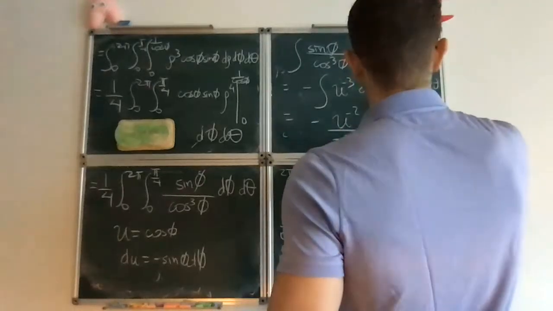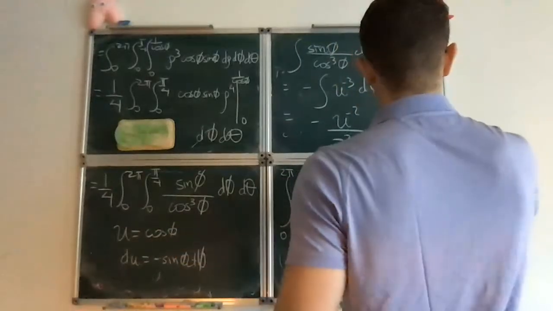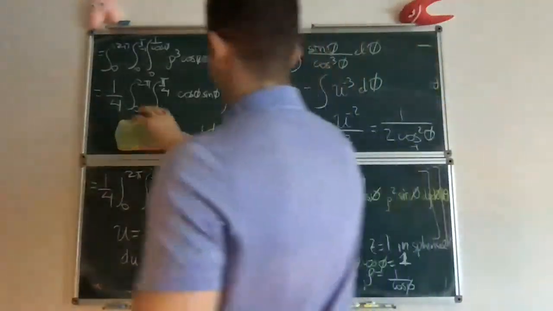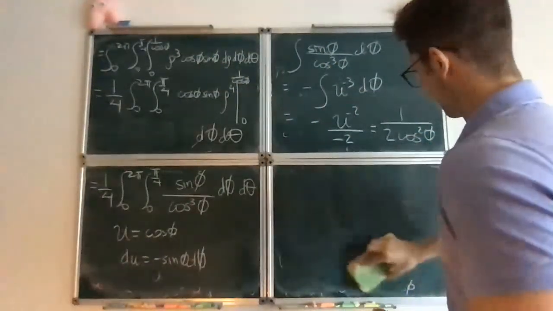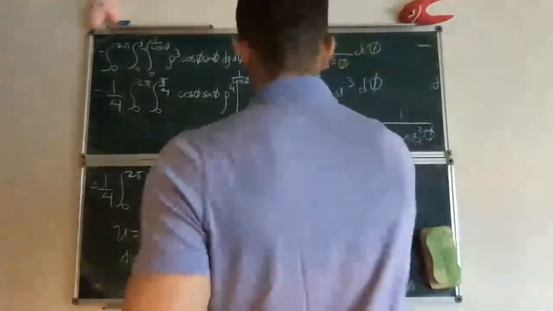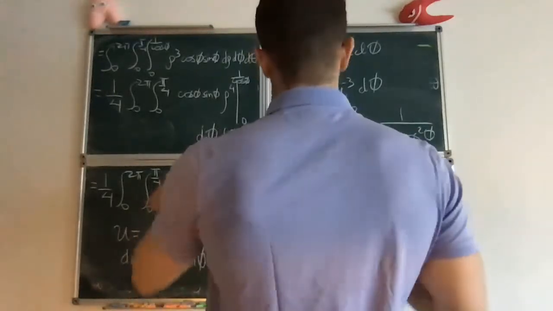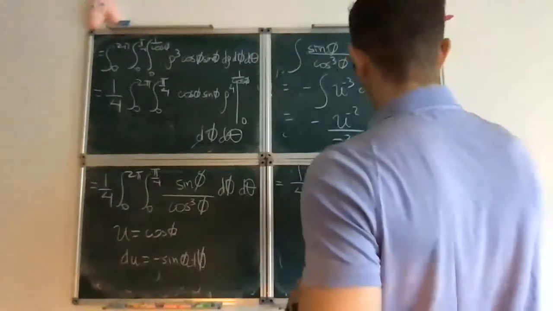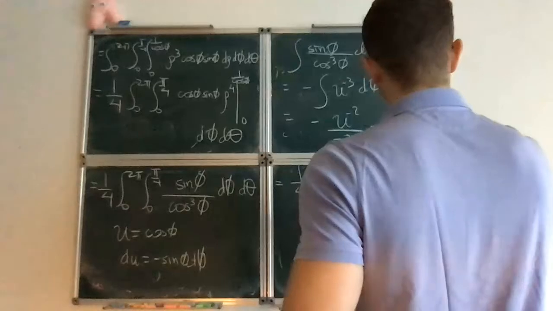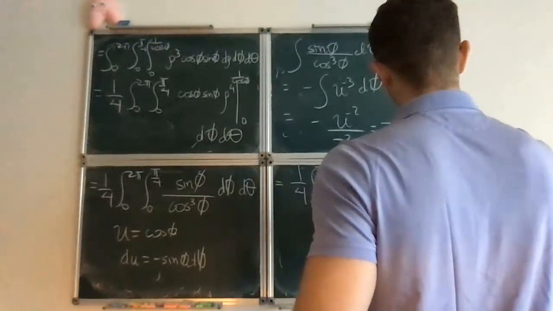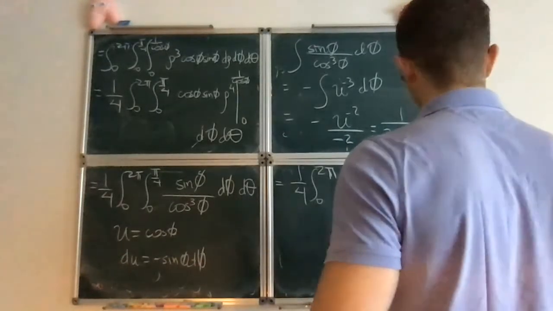The negatives cancel, so it gives you 1 over 2u squared, but u squared would be cosine squared. So this integral really becomes 1/4 times the integral from 0 to 2 pi of 1 over 2 cosine squared of phi, where phi is evaluated at pi over 4 and phi is evaluated at 0, times d theta.